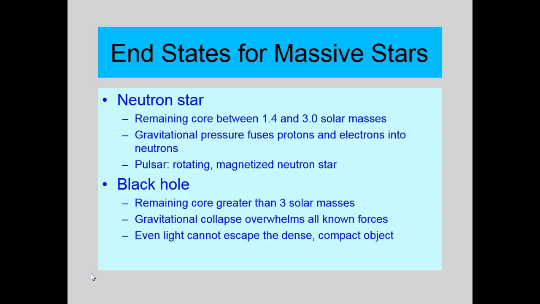A pulsar is a rotating, magnetized neutron star. Now, I can't quite tell you exactly why they're magnetized. Usually, magnetic fields are produced from the movement of charge. But if you've combined all the charges in the neutrons, where is the charge? There must be some residual charge there, and that becomes highly magnetized.